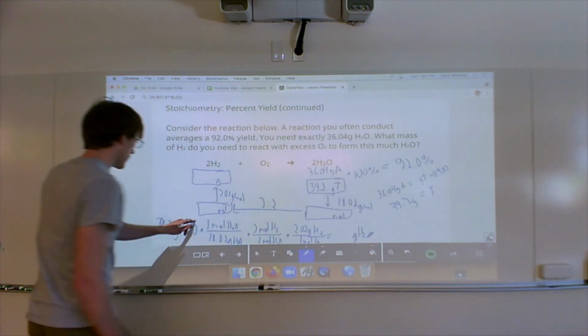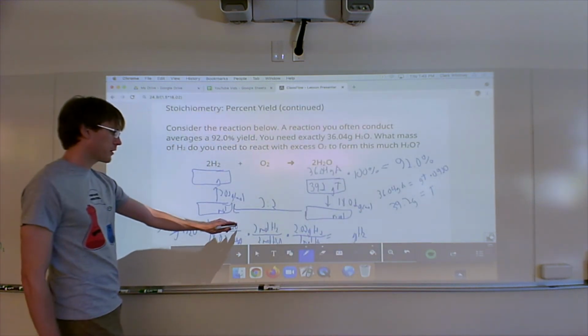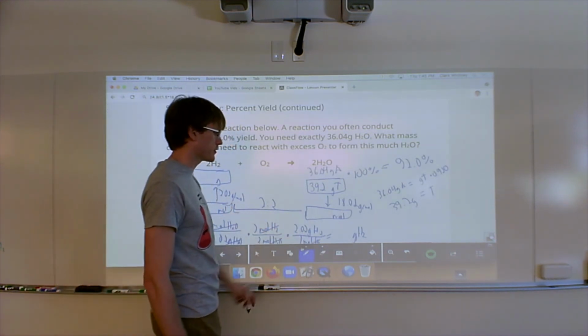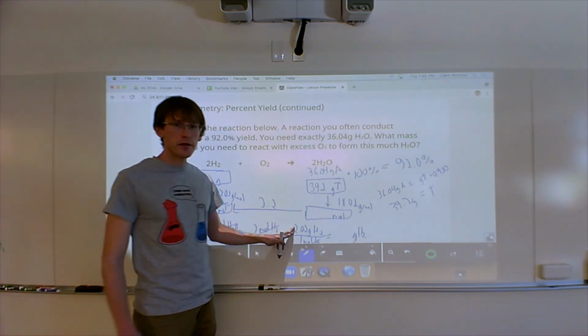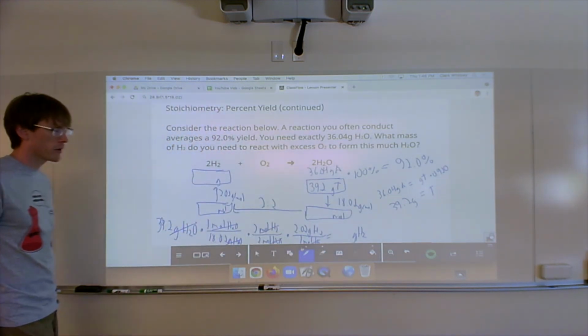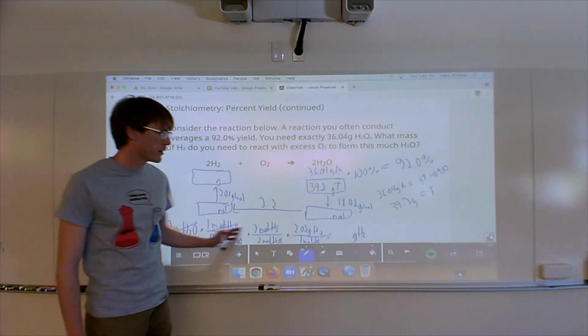I know this works because my grams of water, moles of water, and moles of hydrogen cancel out. My last unit on the left is grams of H2, and the only one on the right is also grams of H2.